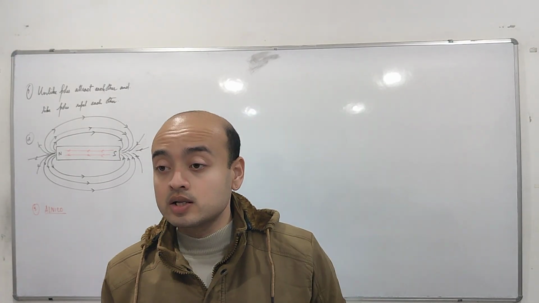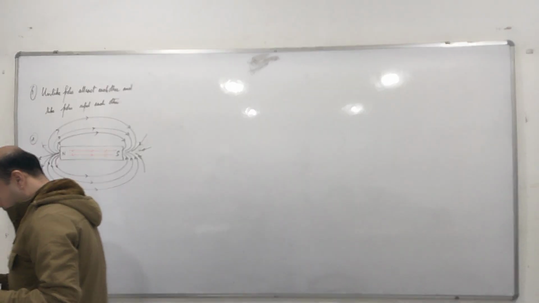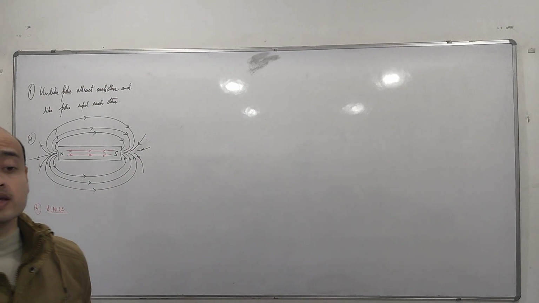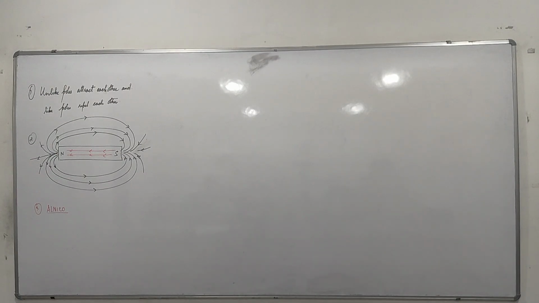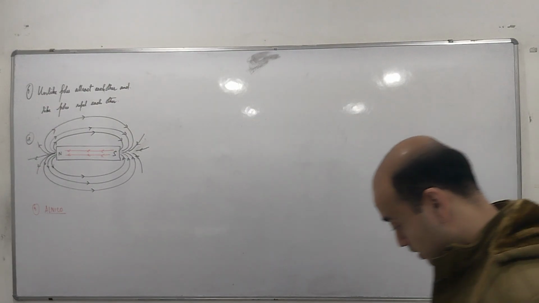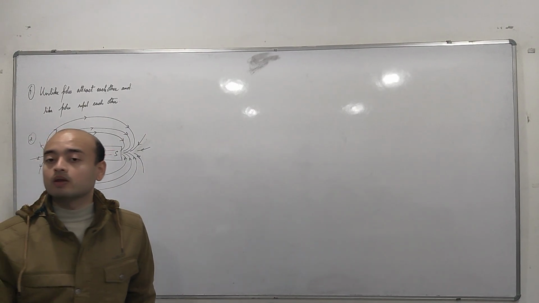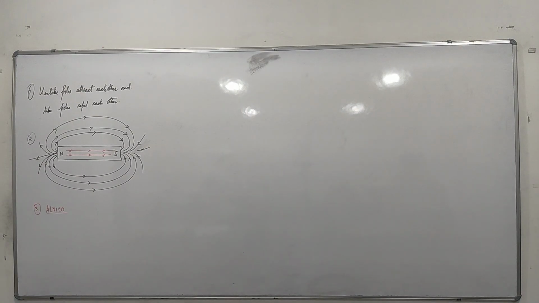So write down the next point: magnetic unipole is impossible, which means that magnets never produce a single pole.